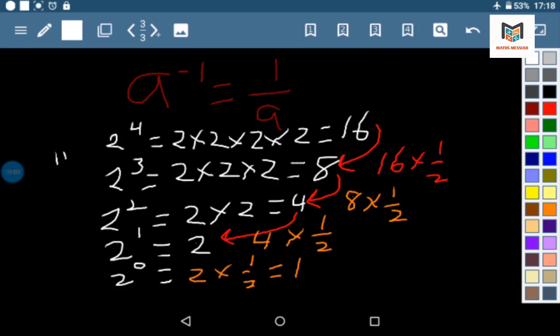So let us continue our pattern. We have 2 raised to the power -1 because we are reducing our powers by 1. So -1, meaning that we need to find half of 1. Half of 1 is half.